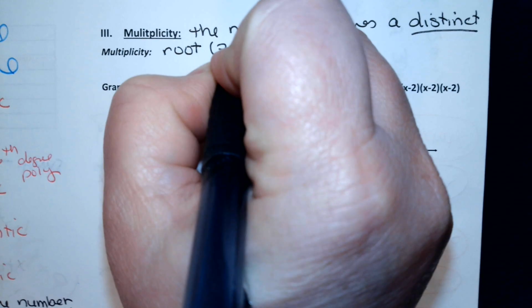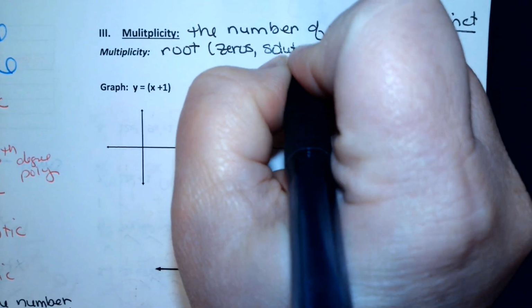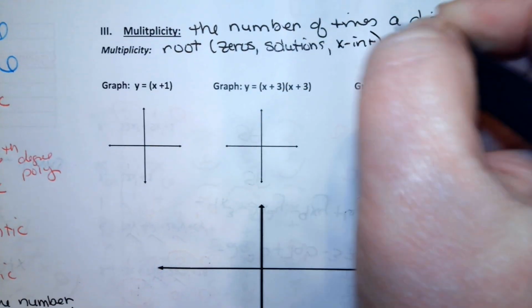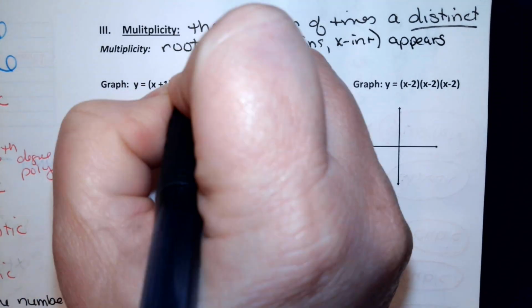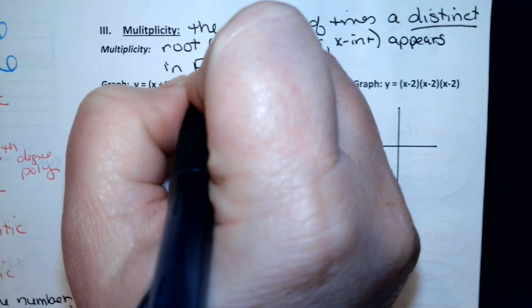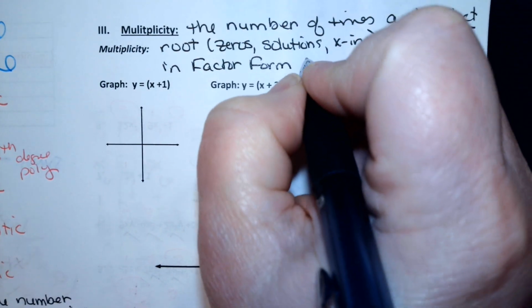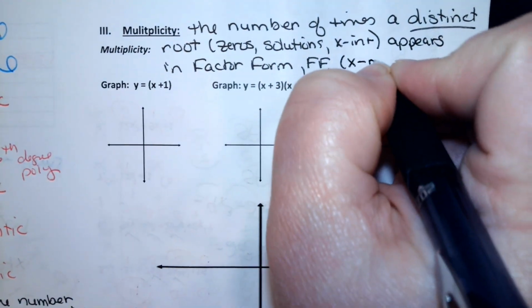Remember, roots are also called zeros, solutions, and x-intercepts. And remember, we abbreviate factored form as FF, and it's in the form of x minus your root.